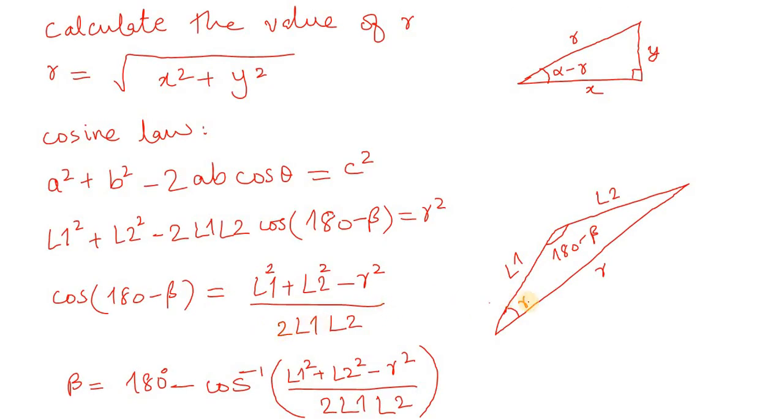To calculate angle gamma, we need again to apply the cosine law, but this time the central angle will be angle gamma, and the two sides will be L1 and R, and the opposite side will be your L2. So let's apply one more time the cosine law.